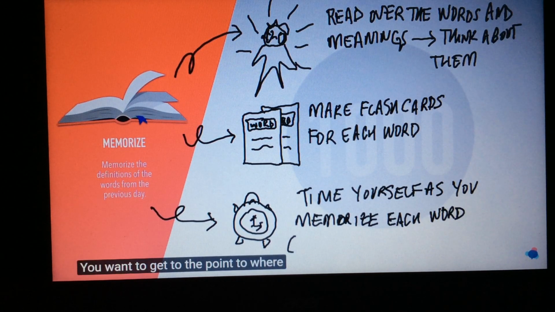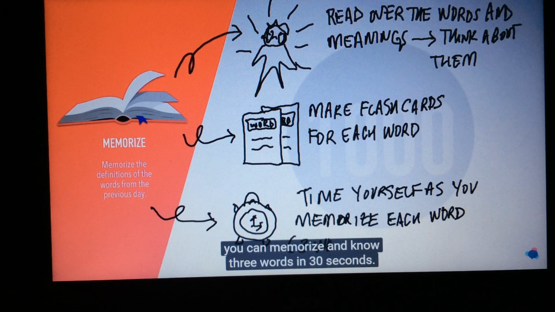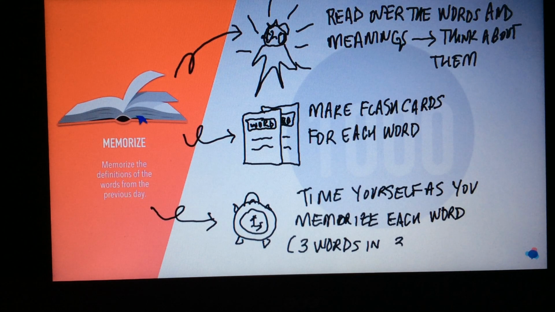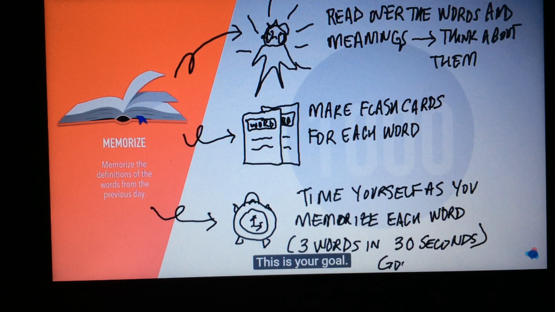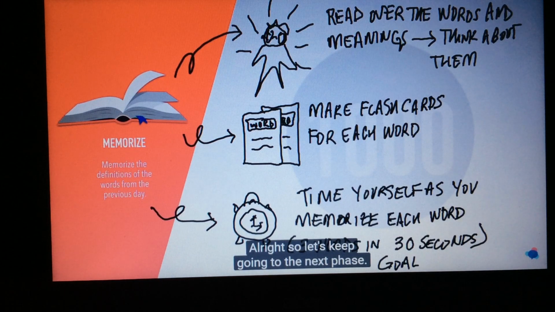You want to get to the point to where you can memorize and know 3 words in 30 seconds, okay? This is your goal, okay? All right, so let's keep going to the next phase.